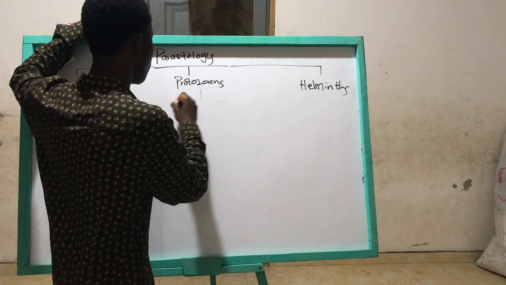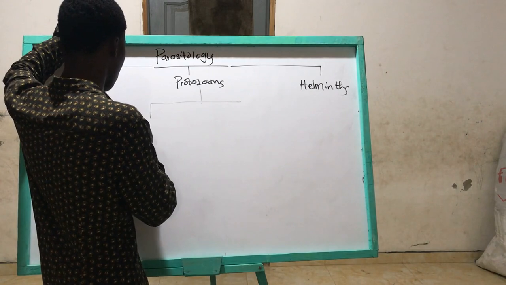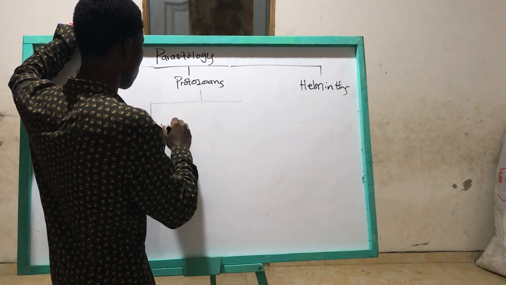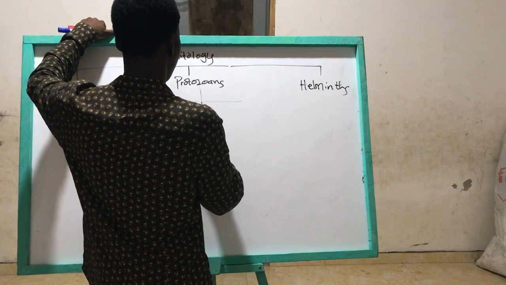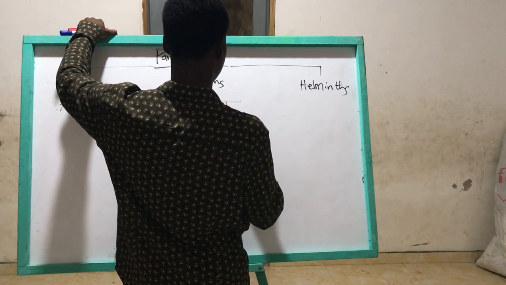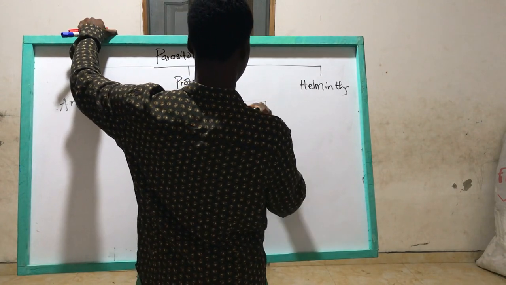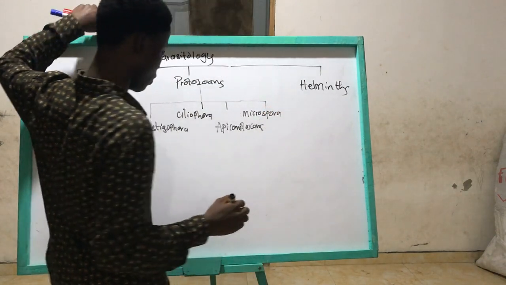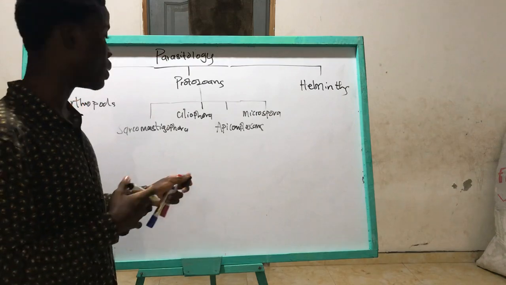So we have the Sarcomastigophora, we have the Ciliophora, we have the Apicomplexans, and then we have the Microspora. So these are basically the four main classifications of protozoans.